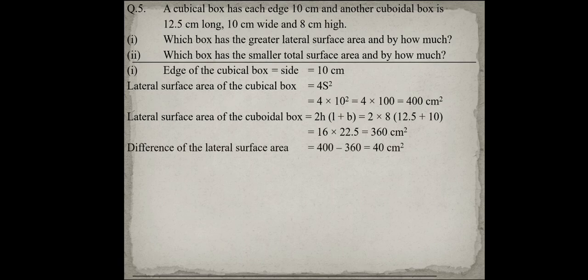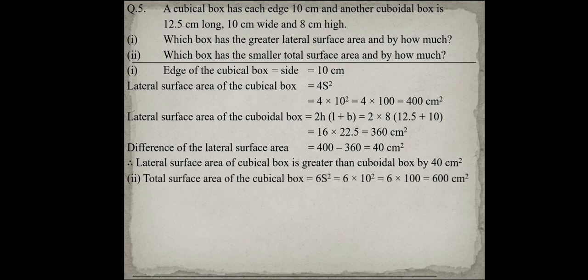So after finding the area, 400 minus 360 equals 40 centimeter square. So the difference of the area is 40 centimeter square. Therefore, the lateral surface area of the cubical box is greater than the cuboidal box by 40 centimeter square.